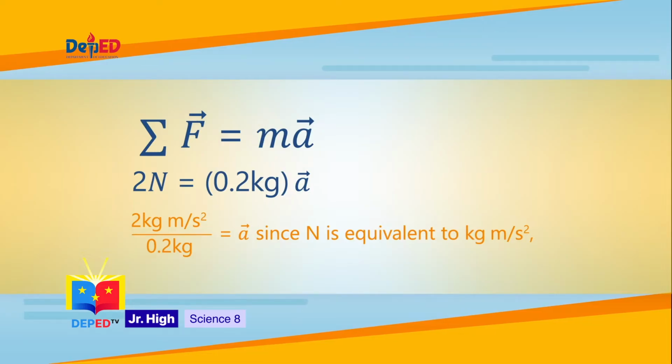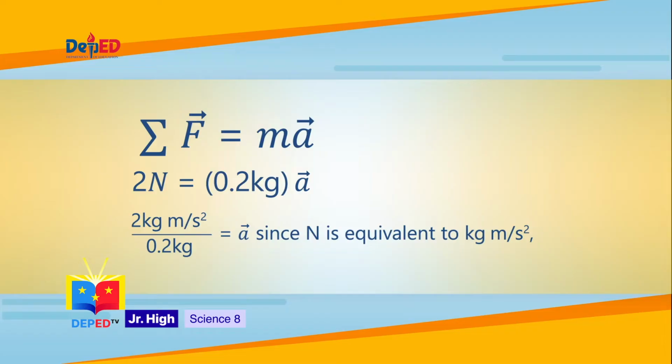Thus, the equation becomes A is equal to F over m, or 2 kilogram meters per second squared, divided by 0.2 kilogram. We also have to convert the unit of the force, which is newton, to its equivalent, which is kilogram meter per second squared.